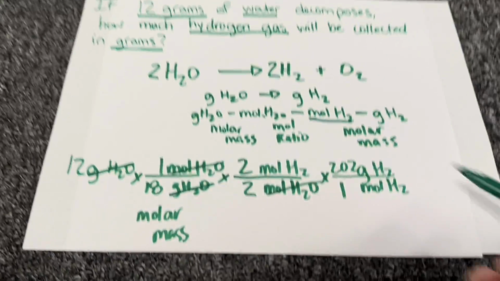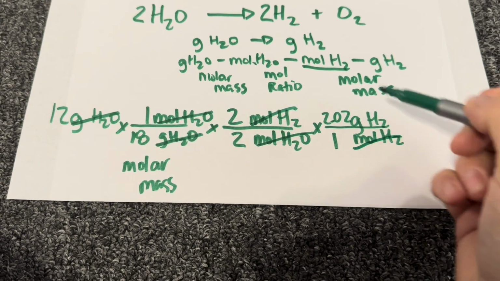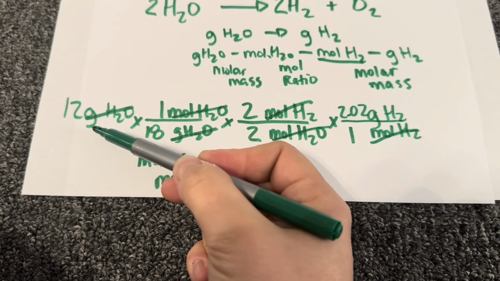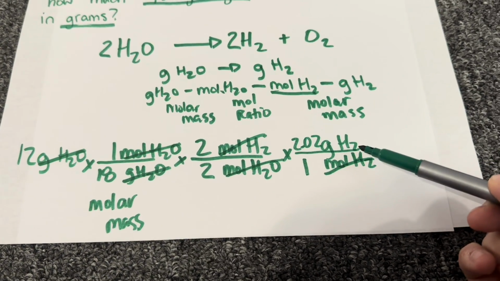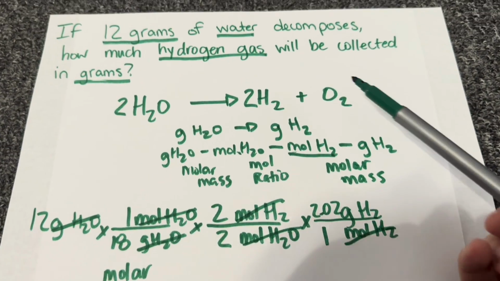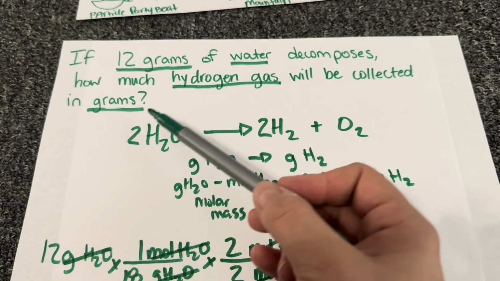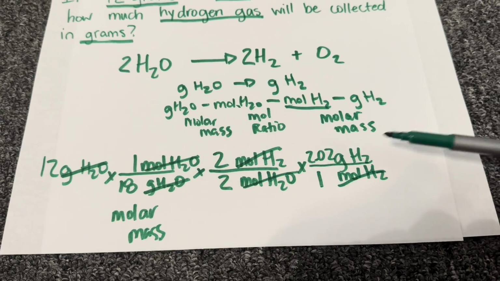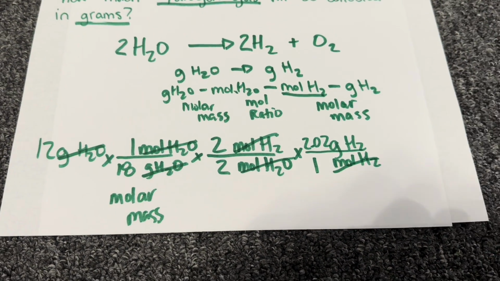So now we've got each of these steps out. Let's make sure that all of our units cancel. We started out with grams of H2O, and we've canceled everything until we get to grams of H2. Is that what my problem asked? I started out with grams of water and ended up with grams of hydrogen gas. So yes, now all that's left is for me to do the algebra.